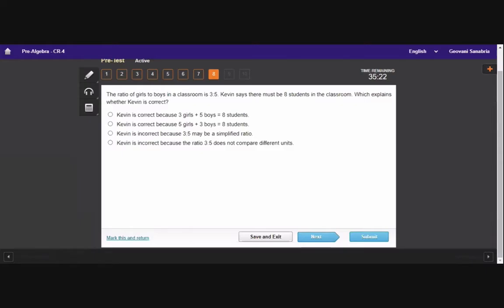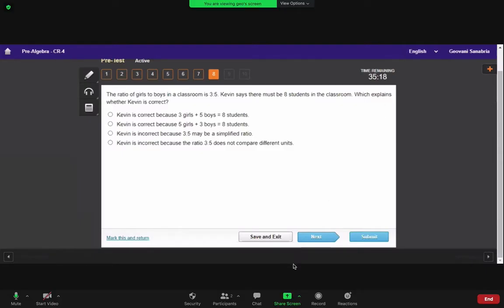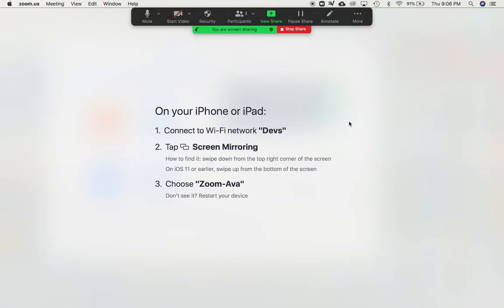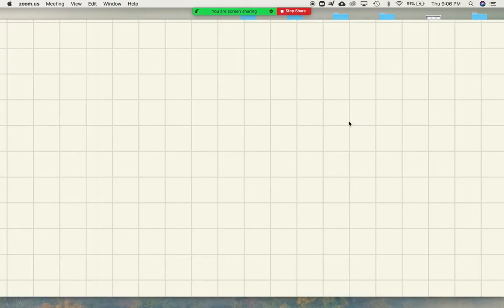But how is it 3 to 5? Let me share this one. So this one says the ratio of girls to boys is 3 to 5.